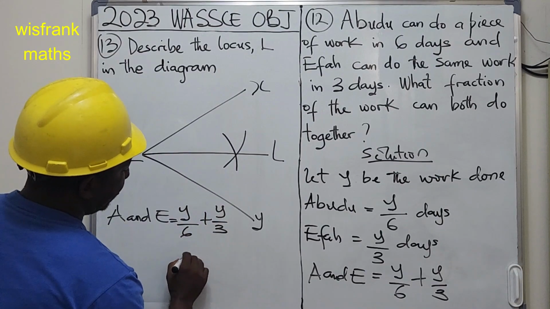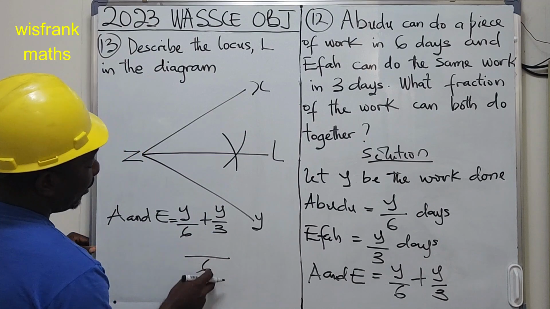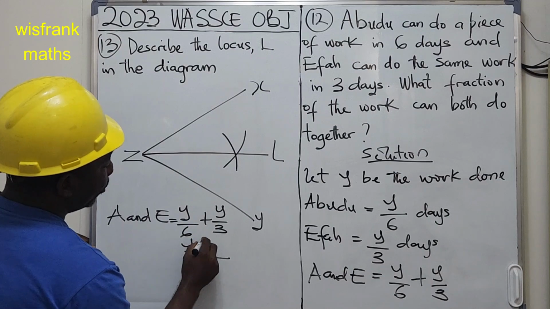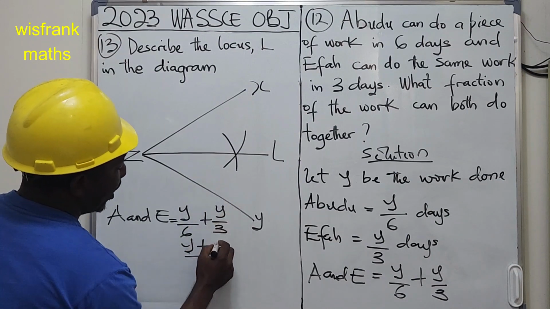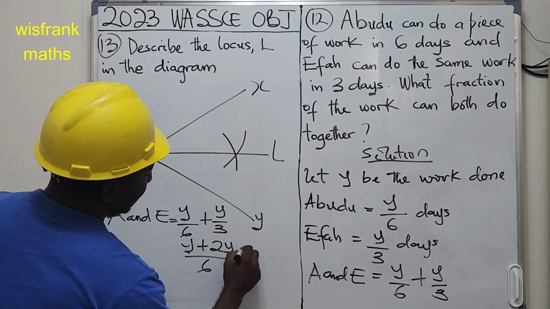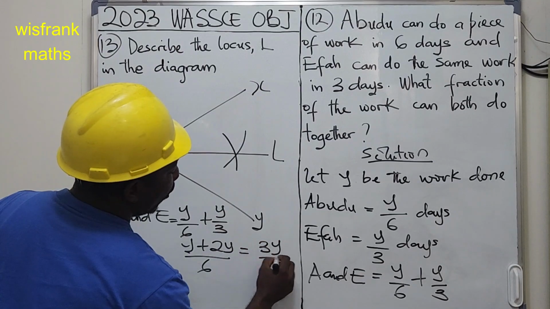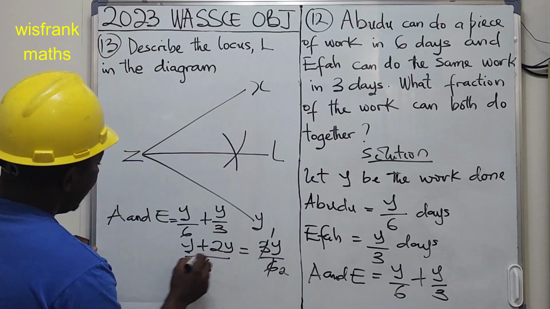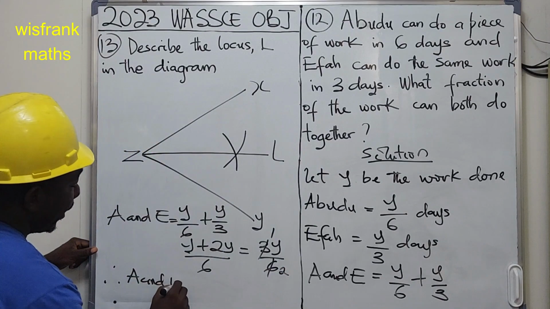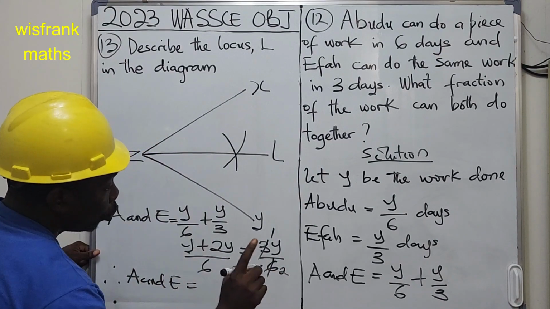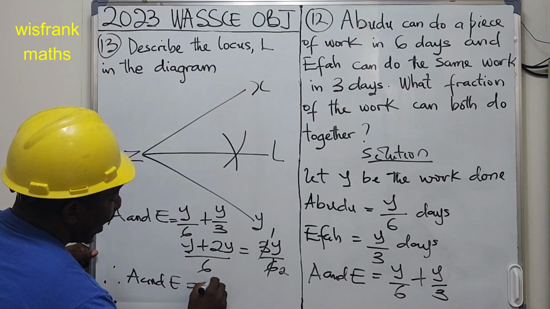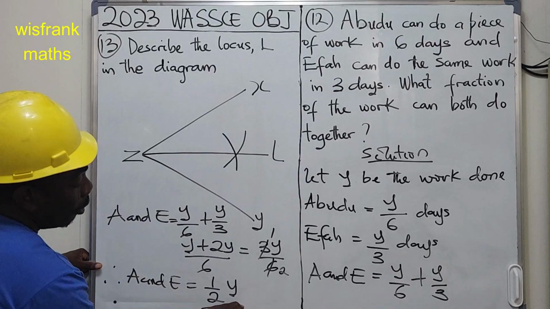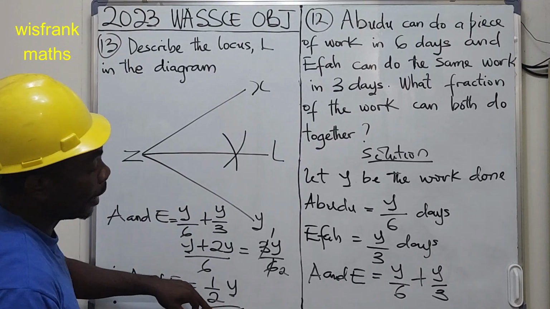When we take the LCM, we have 6. 6 divided by 6 is 1, times y, we have y, plus 6 divided by 3 is 2, times y, we have 2y. This equals 3y over 6. 3 cancels here 1, 3 cancels here 2. Therefore, Abudu and Efa can both do 1 over 2 of the work. This is the fraction of the work that both of them can do.